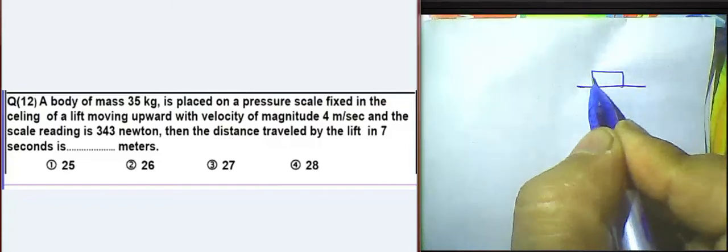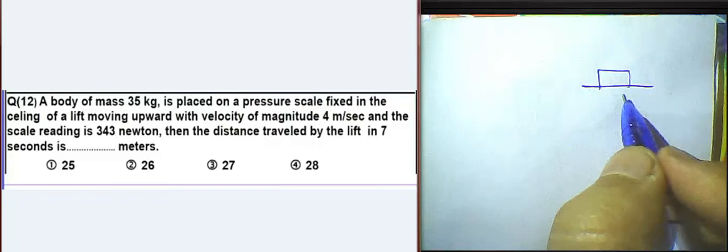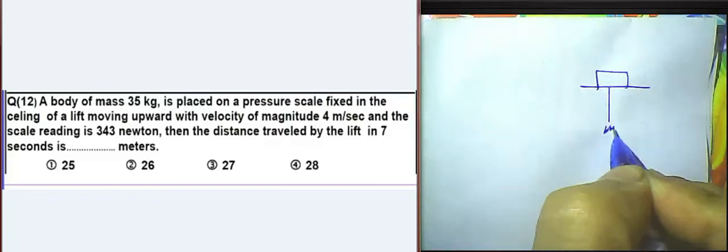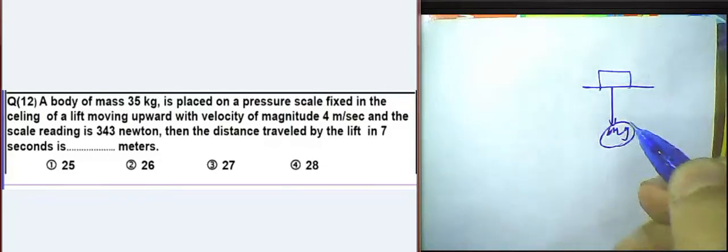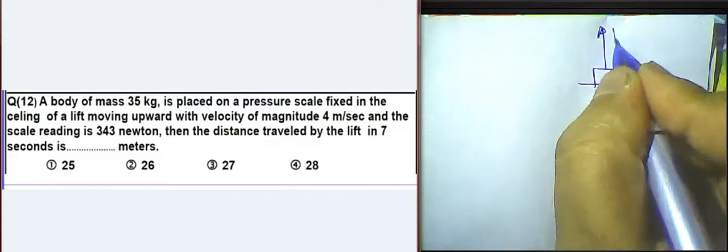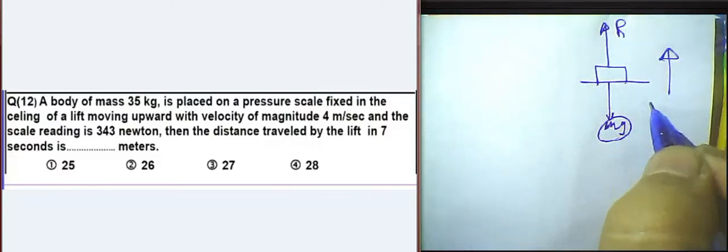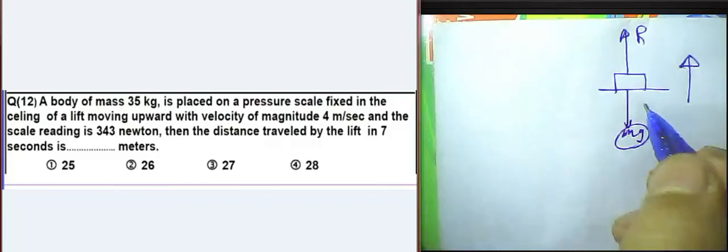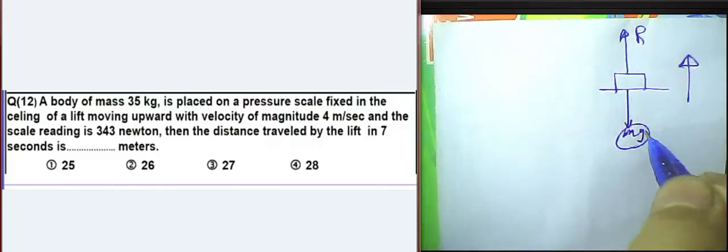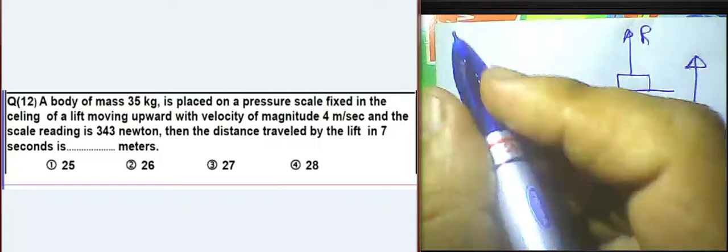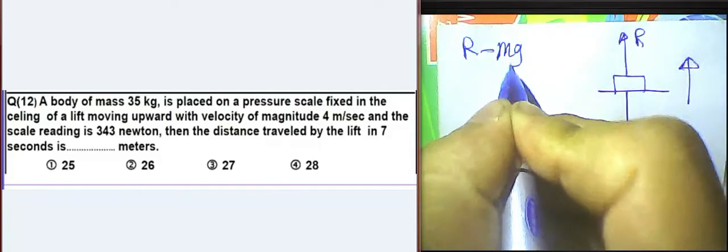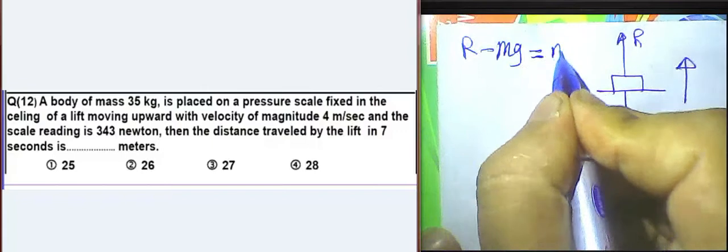We have here a body of mass 35 kg, the weight down here, and we have reaction up and it is moving upward. We can write the equation R subtract mg equal ma from Newton rule. We can write it here: R subtract mg equal ma.